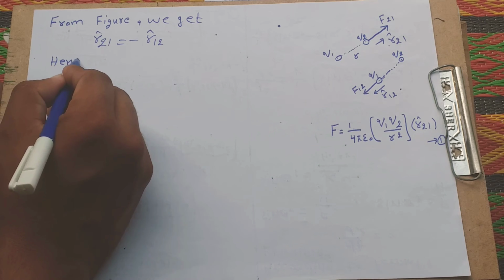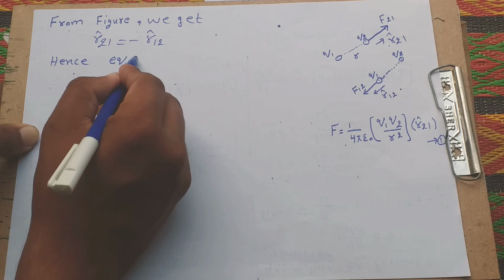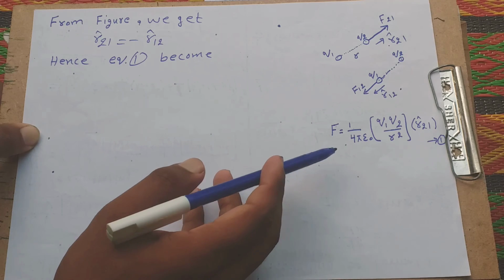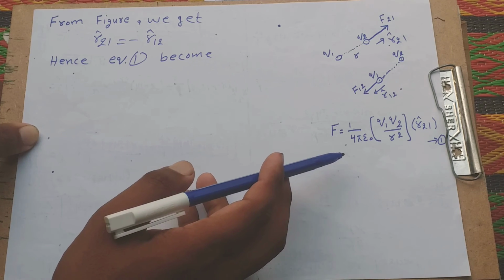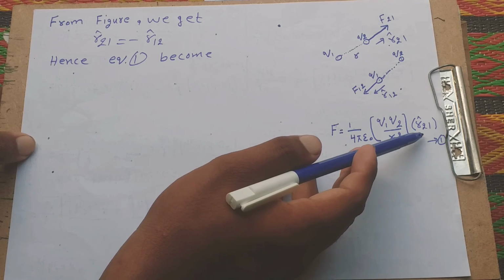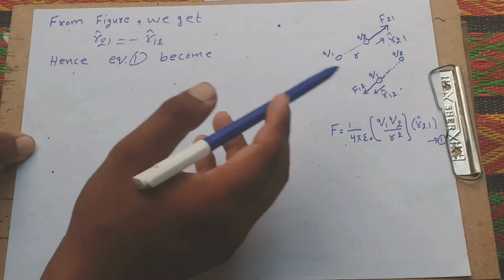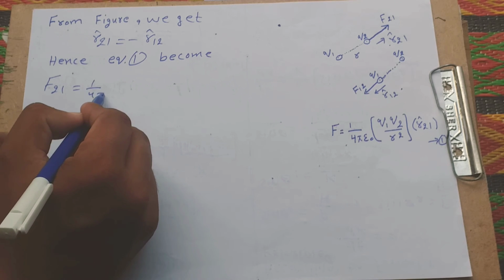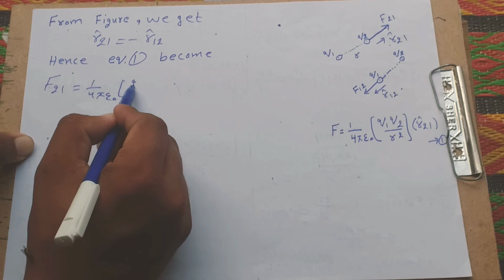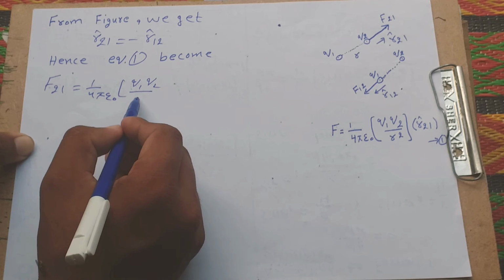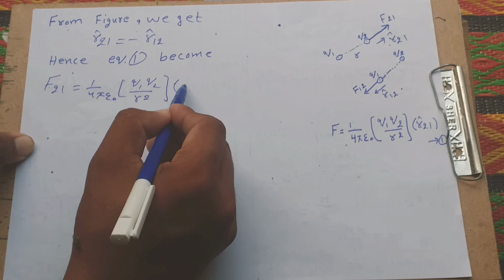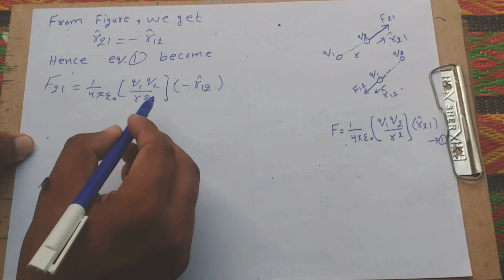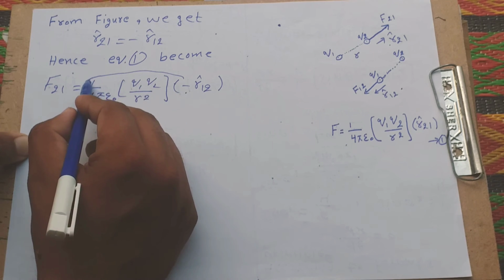Hence equation 1 becomes: I already wrote equation 1 here so you can understand easily. Put r21 here, then F21 is equal to 1 over 4 pi epsilon naught, q1 q2 over r squared, times minus r12. Clear? The negative sign is converted here.